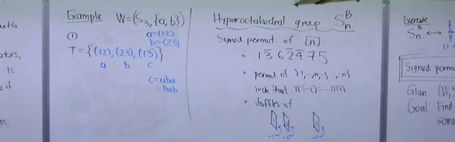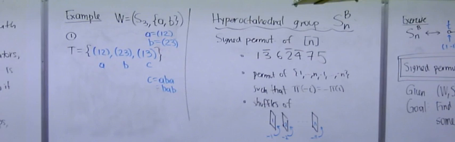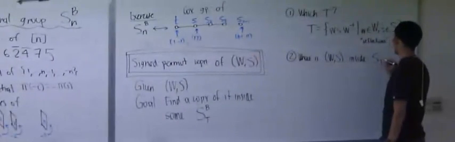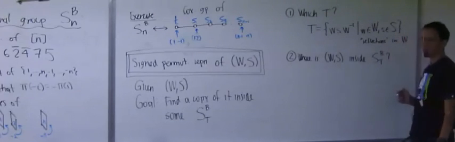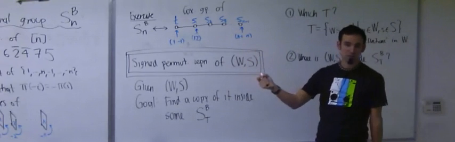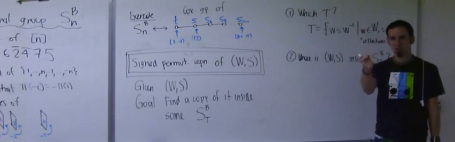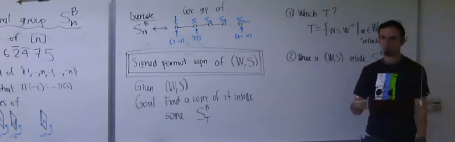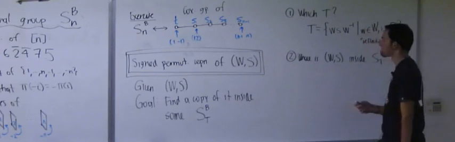Okay. So now let me tell you where can I find this guy inside here. In other words, over there I have the 6 permutations of S3, and for each one I should be assigning one signed permutation of T. Okay?